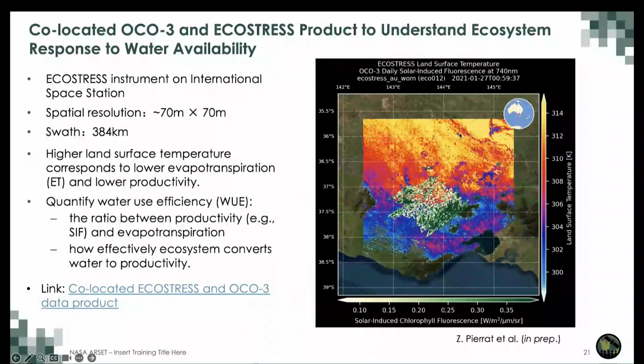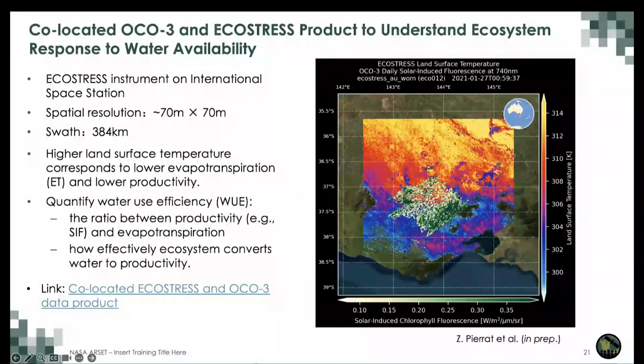The plot on the right shows OCO-3 SIF overlaid on top of the land surface temperature retrieved from ECOSTRESS. You can see that the higher SIF values are on top of the lower temperature.